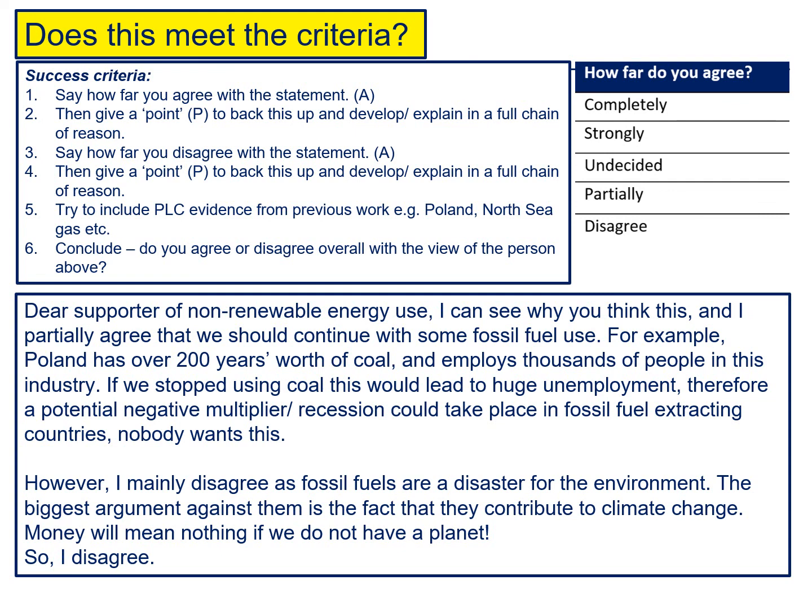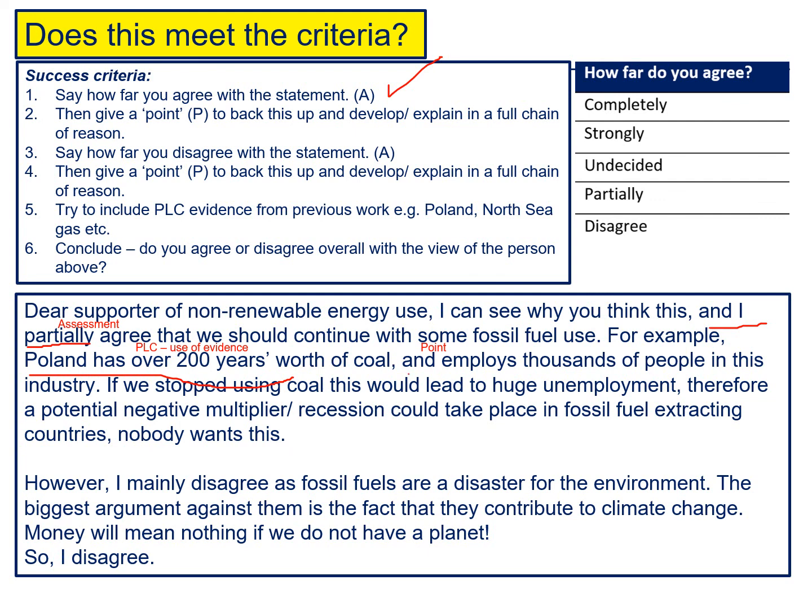Now, does this meet the success criteria? Let's have a look. They've started to make an assessment where they've written, I partially agree. Good, they've done the first bit. They've used PLC for their point. They've used Poland, 200 years. That's evidence.